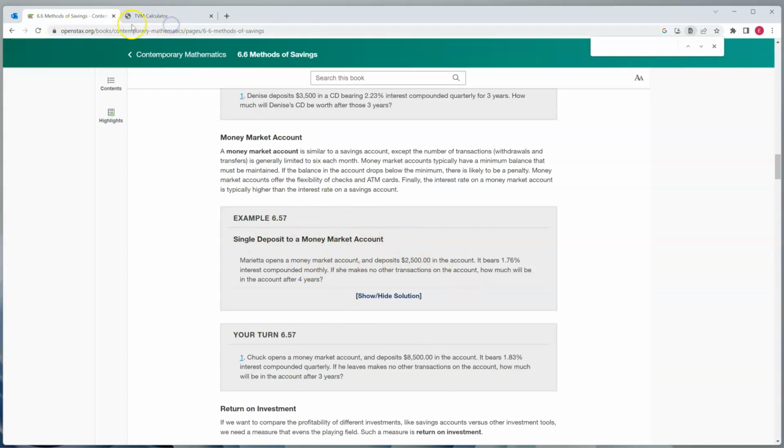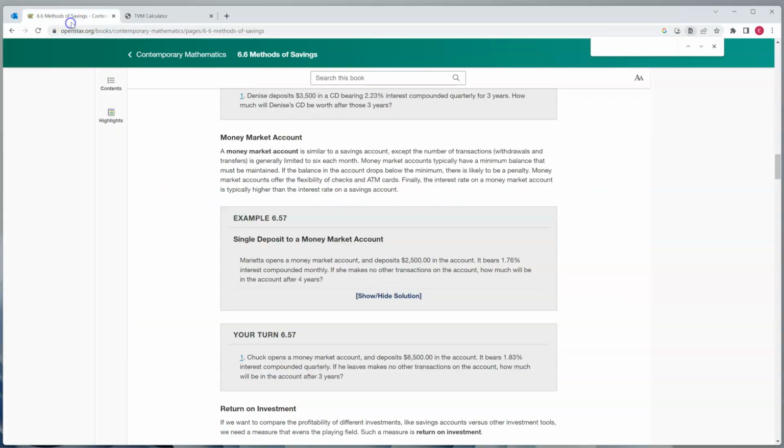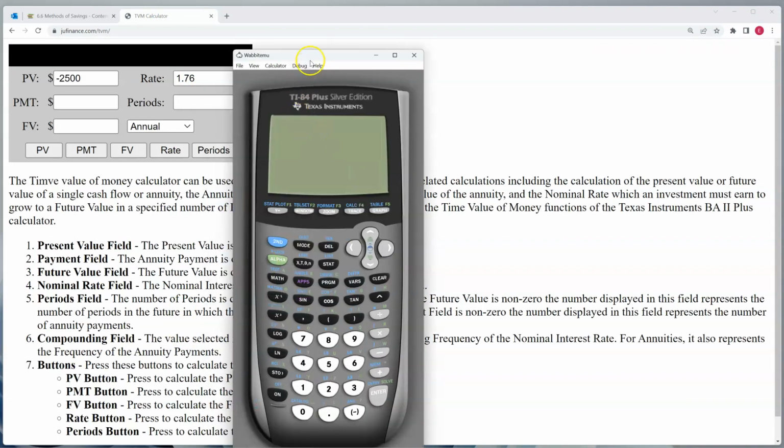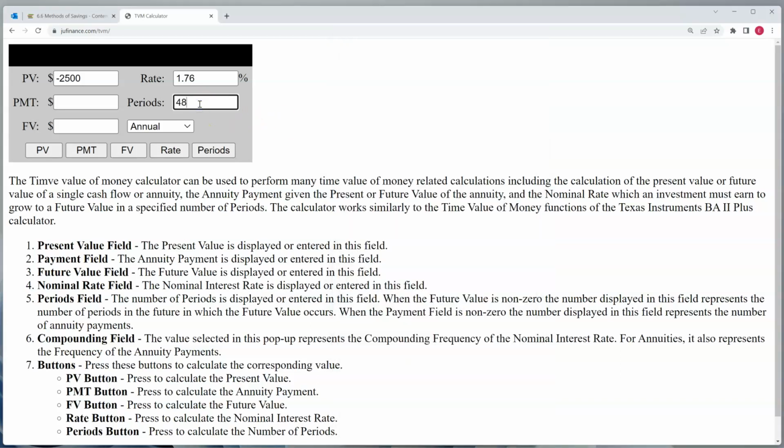So again, we've got a deposit of $2,500 at a rate of 1.76%. Now it's compounded monthly for 4 years. So again, if I bring up my calculator here, just to show you, we're talking about monthly, so 12 times 4, so you're looking at 48 periods, and we have to change our compounding to monthly.